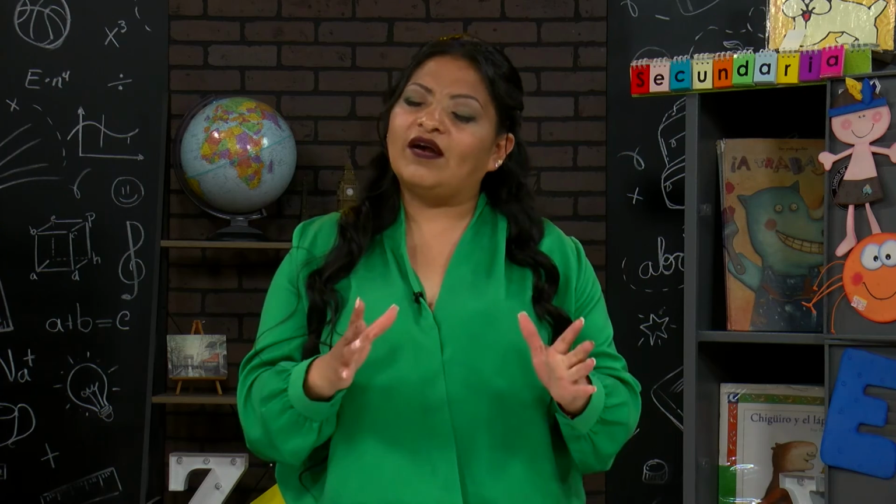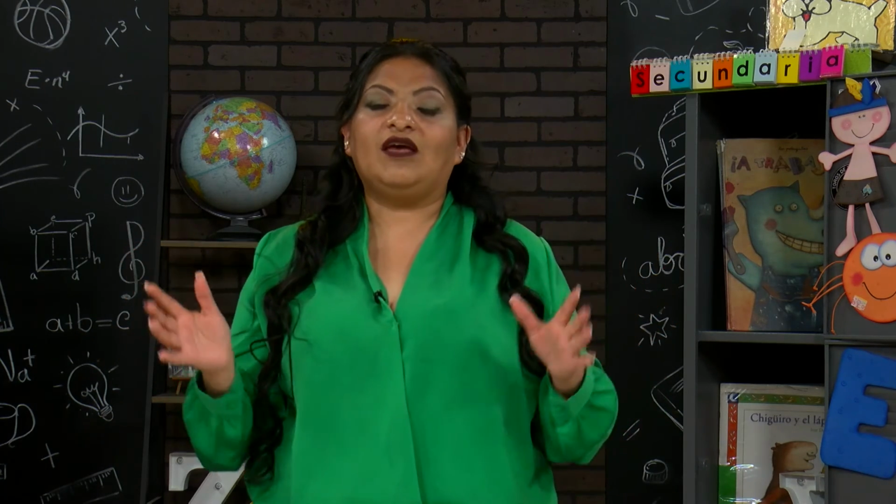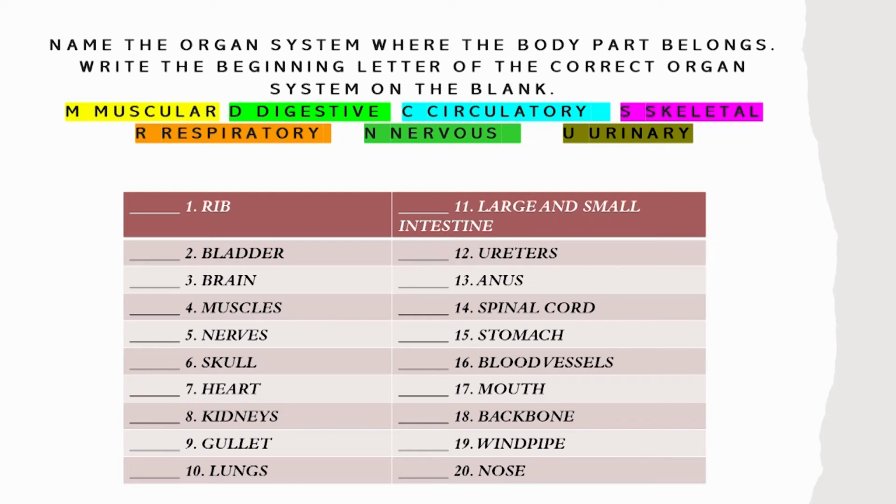So, are you ready? Okay, we're going to do the last activity of this session. Write this in the place. For example, bladder, brain, muscle, nervous, skull, heart, kidneys, uterine, lungs, large and small intestine, ureters, anus, spinal cord, stomach, blood, mouth, backbone, breastbone, windpipe, nose.